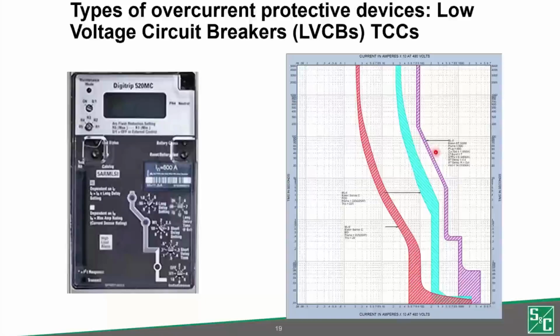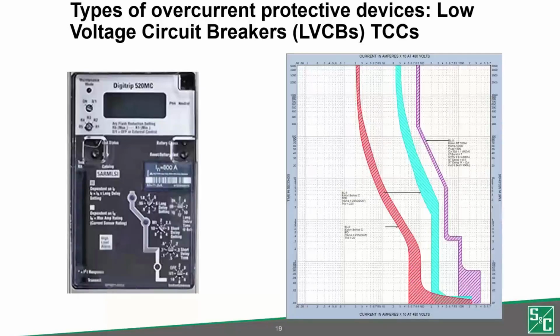The last curve over here shows the response of the electronic trip unit of low voltage circuit breakers. So apart from the thermal magnetic, there are electronic trip units, and they have adjustable long time settings. Long time setting is responsible for the overload protection in the long time region of the curve, and they have an adjustable short time setting, which would be the short time pickup and the short time delay, and they have an adjustable instantaneous setting for fast response for high magnitude faults seen downstream.